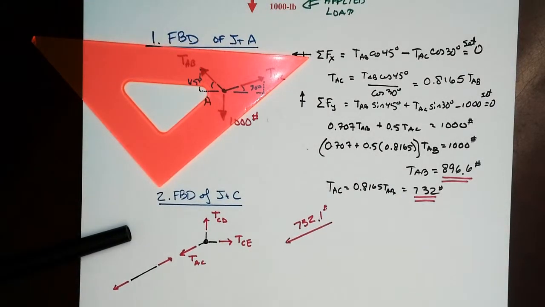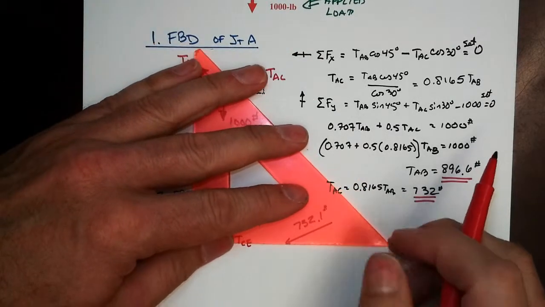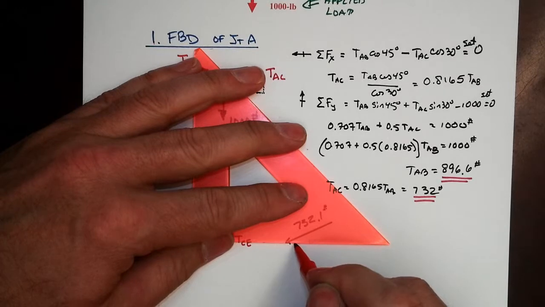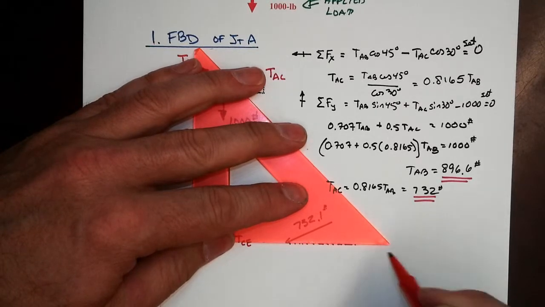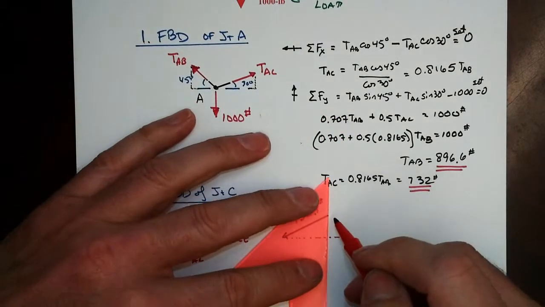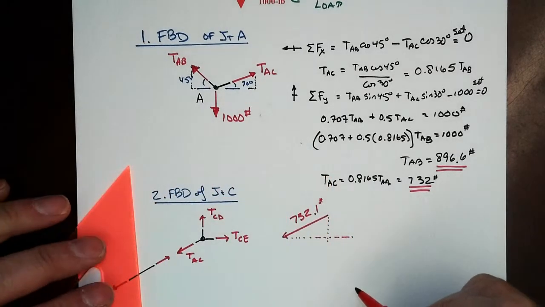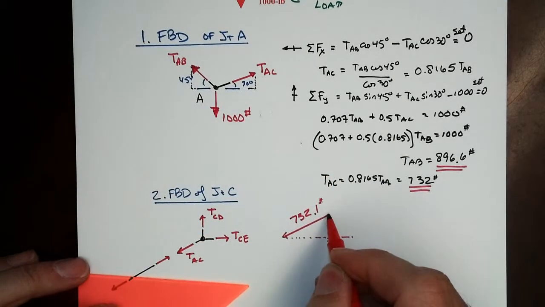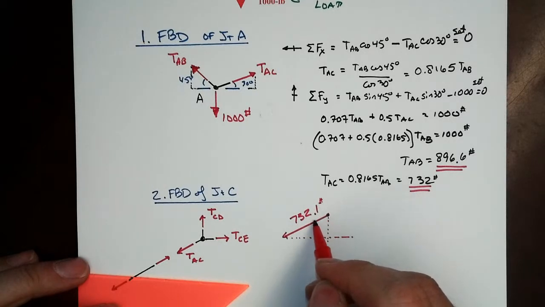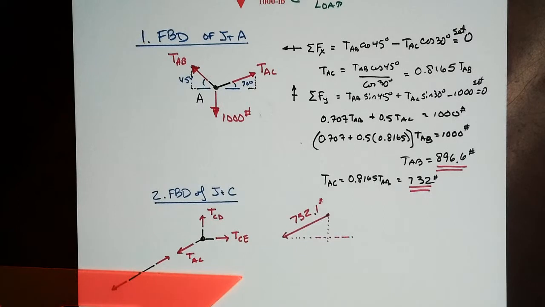Right? And it's at 30 degrees. And then I know that TCE has a line of action that is horizontal. And I know that TCD has a line of action that's vertical. And what that tells me is I started up here at the tail of the TAC, drew 732 at 30 degrees. Let's get that in there.